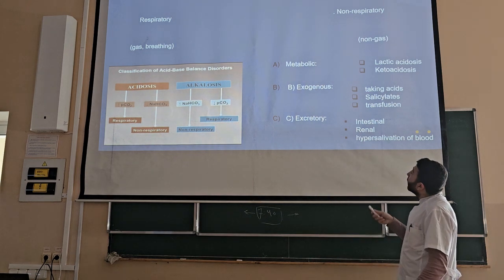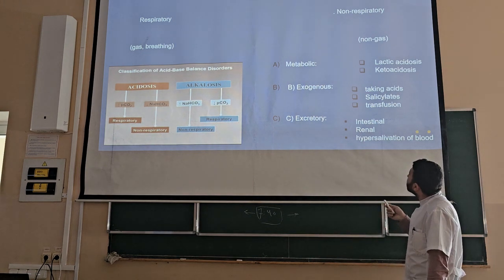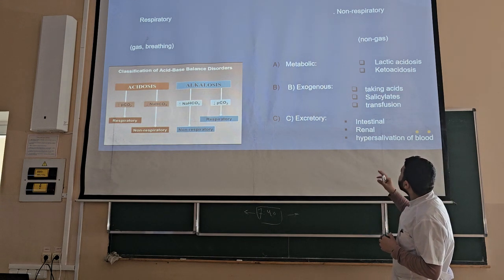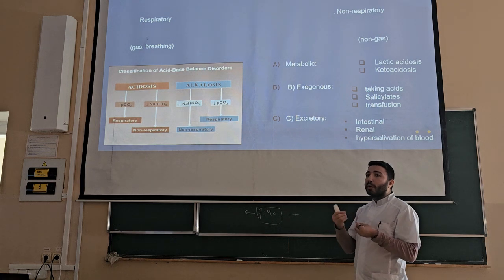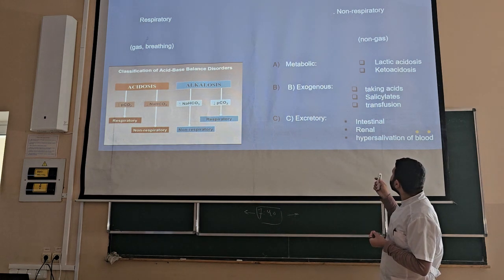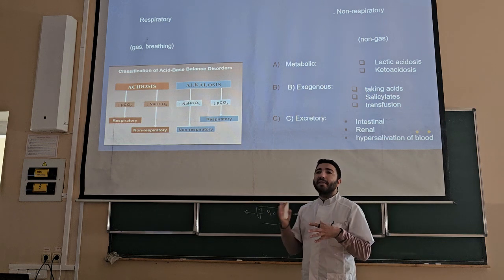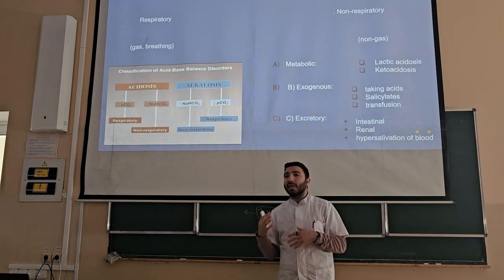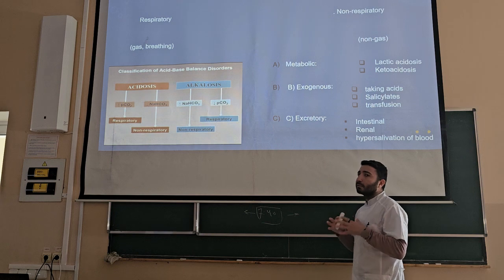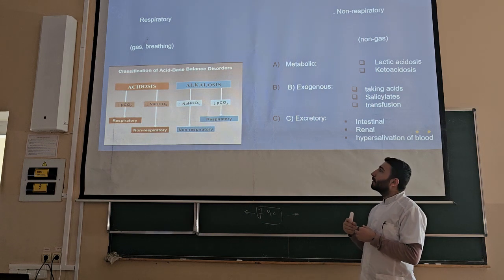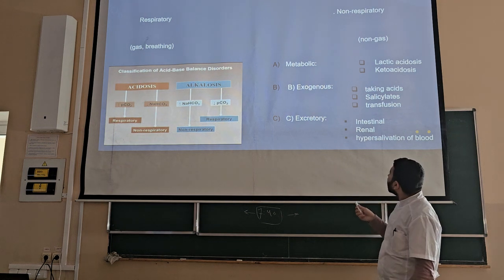From the exogenous reasons, when you are taking acid and salicylates, that's one medical cause, as well as transfusion or any other liquid introduced into the blood. There will be a non-respiratory reason to cause this acidosis or alkalosis.